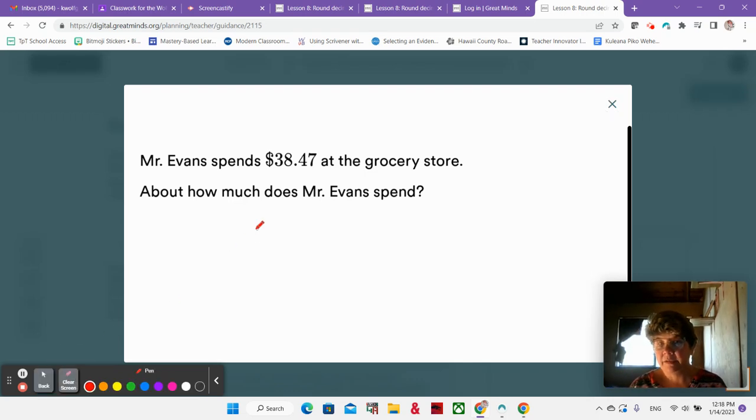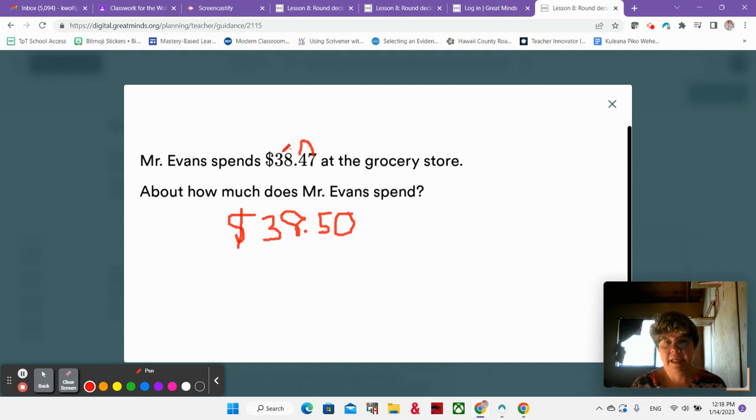So we are going to round. We could say that he spent $38.50 and round to the nearest tenths, right? Since it's money, we are going to want to write the 0 in there. We'd look at the 4 and we look next door, and the 7 tells us we're closer to 50 cents. We could say $38.50.